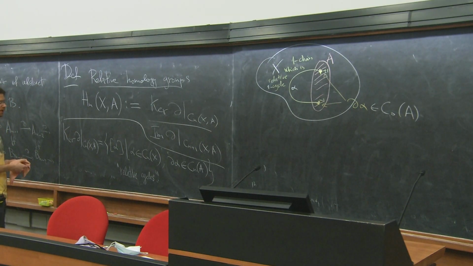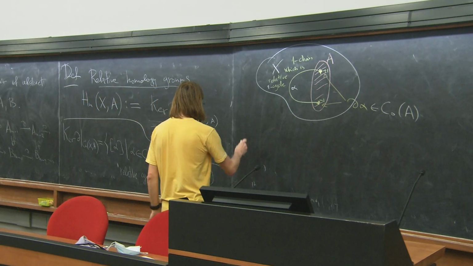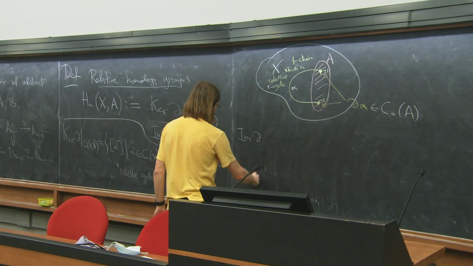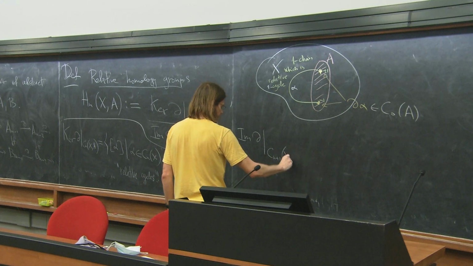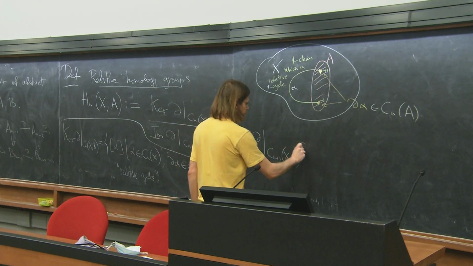Okay, so what about this denominator? How do we explicitly describe the denominator, the image of d acting on C_{n+1}(X, A)?